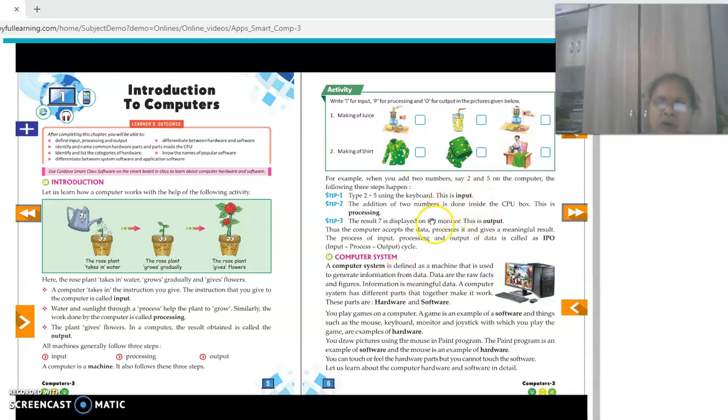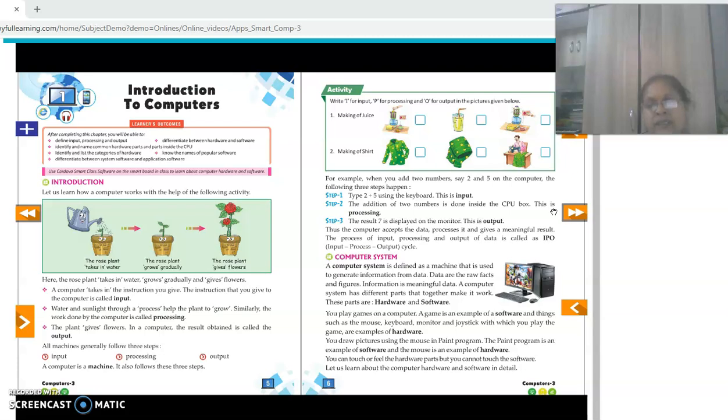Suppose you want to add two numbers, number 2 and number 5. So the first step will be you type the numbers by using the keyboard. 2 plus 5. This is called input. For doing addition of these numbers, inside the CPU box, the process will be done.